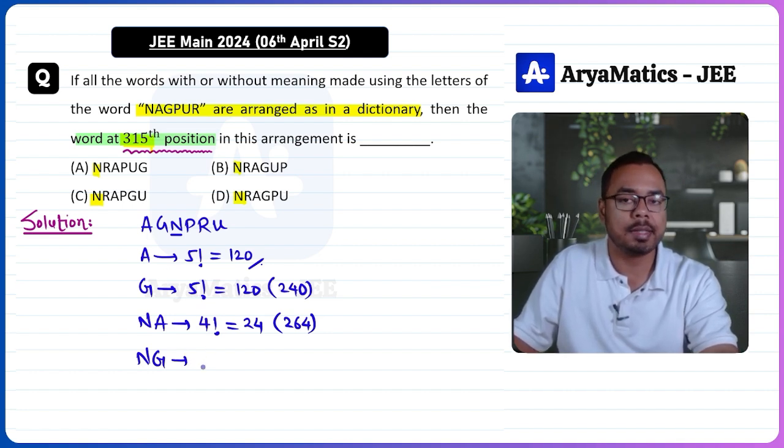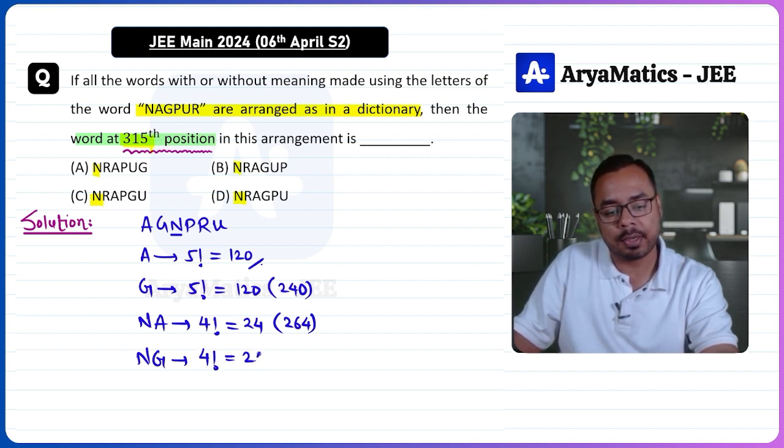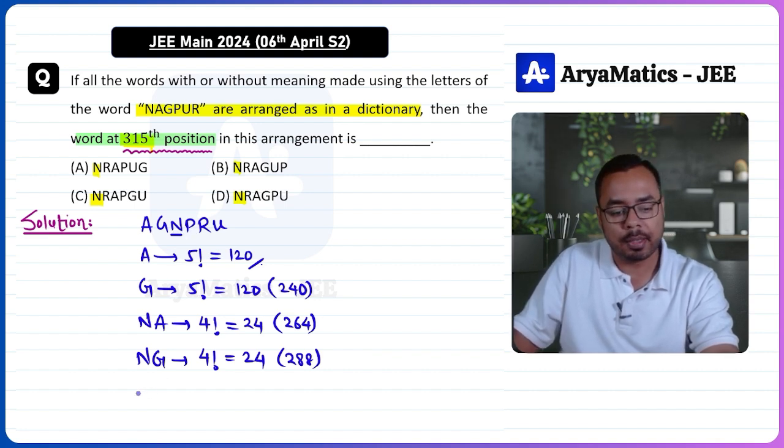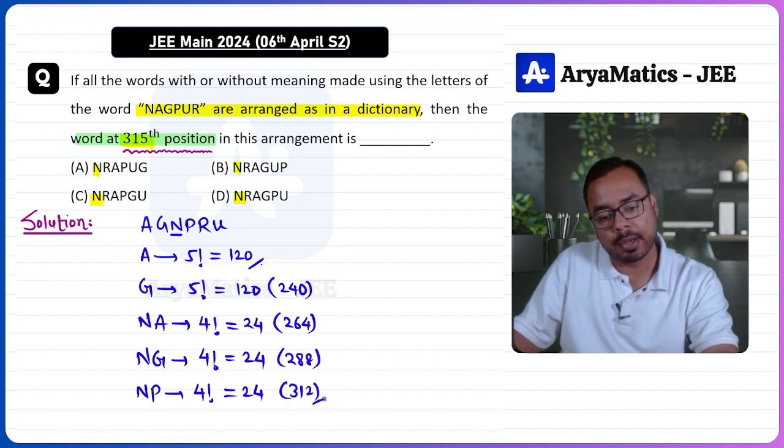Again, if I fix N and G on the first 2 places, there are 4 letters which you can arrange in 24 different ways, 4 factorial. 264 plus 24 is 288, right? We're getting close to this number 315. After NG, the word formation will begin with NP, right? So first NA, then NG, and then NP. With NP, another 4 factorial, 24, 288 plus 24 will be 312.